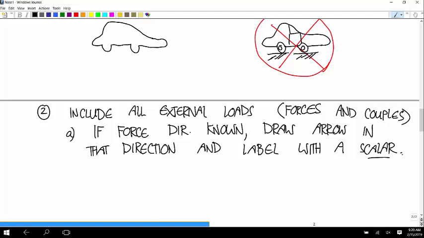But if you know the direction of a force, you draw an arrow in the direction that you know that force applies. And now you don't need to specify it with a vector variable anymore. Since you already know that direction, all you need to fully specify that vector is a magnitude.